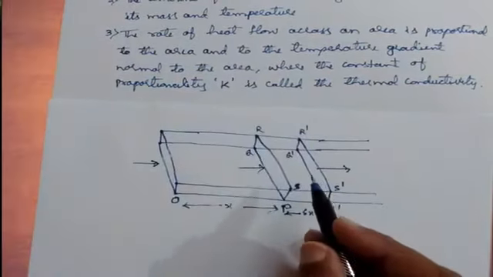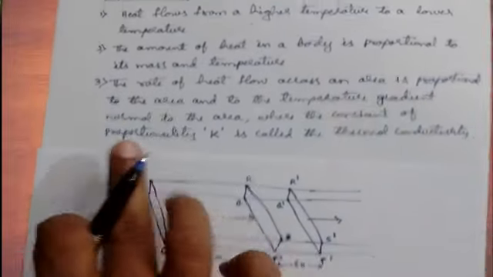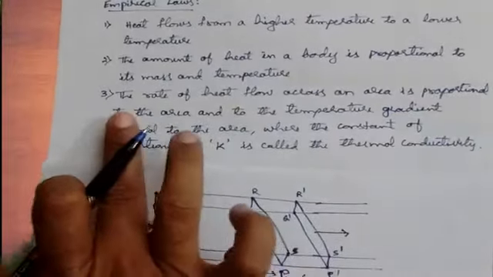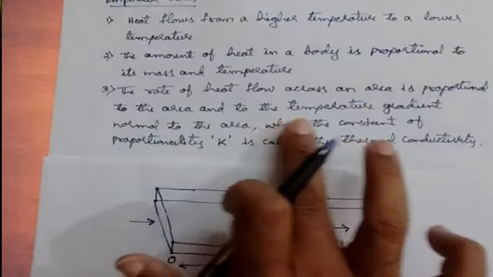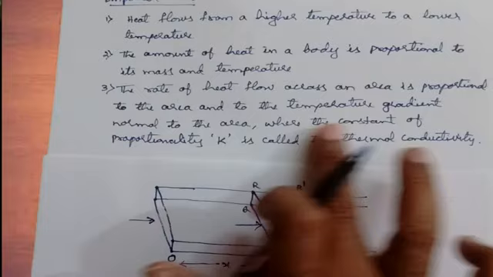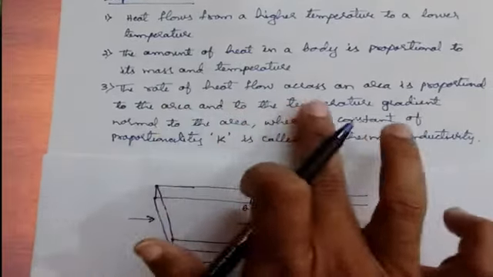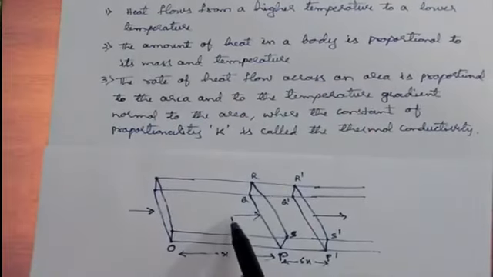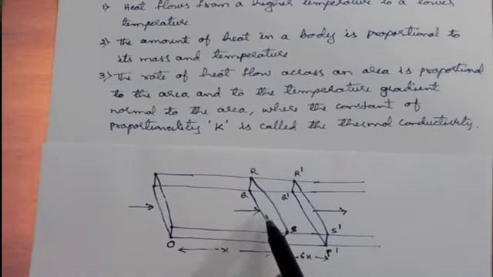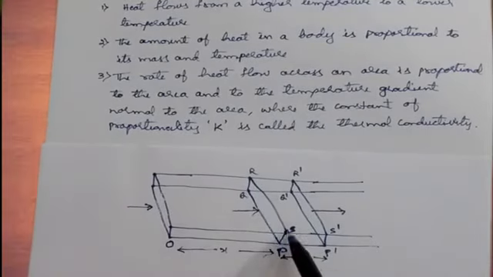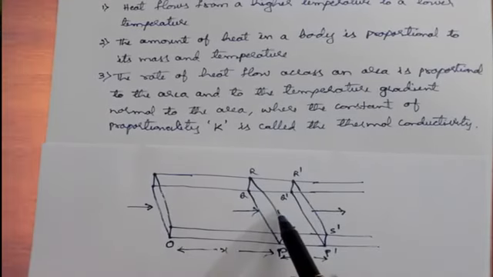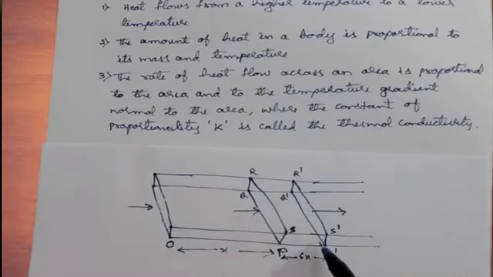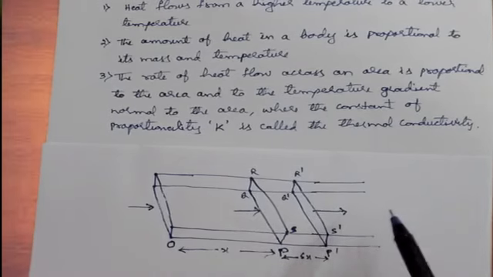So if that is the case, this third result, the rate of heat flow across an area is proportional to the area and to the temperature gradient. When the heat is flowing, how much heat flows through this depends upon this area: more the area, more the heat flows, less the area, less the heat flows. So based on the cross section, the heat will flow through this cross section.